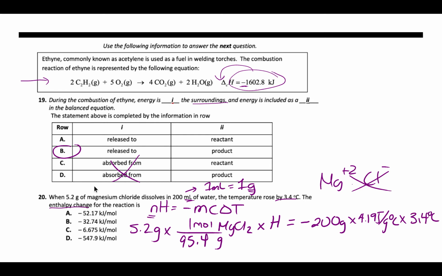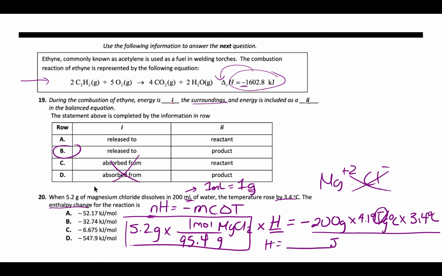Once you're done setting it up, you want to solve for delta H. So get your total on the right, divide by your amount of moles on the left, and then remembering with your units, everything will cancel out except joules. So your delta H value will be fairly large in joules, but then when we look at our units of the answer, it's in kilojoules. So just divide by 1,000 to get there. And if you do that correctly, you should see the answer is A.